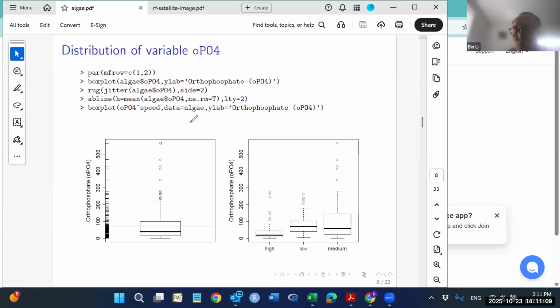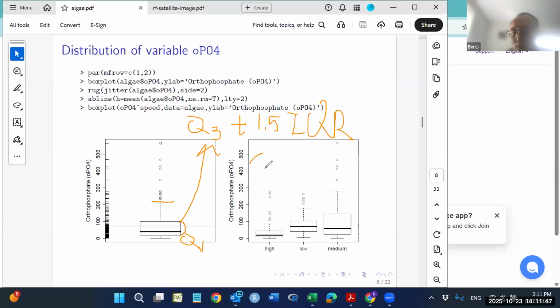Usually we have a rule: when a number is greater than Q3, the third quartile, plus 1.5 times the interquartile range, that will be regarded as a very large outlier. The interquartile range is the difference between Q3 and Q1. In other words, that's the height of this box.